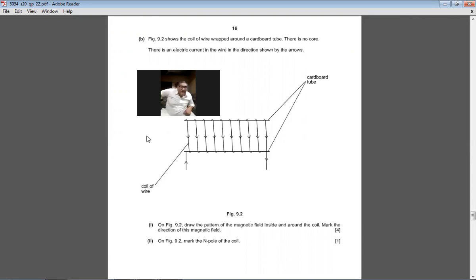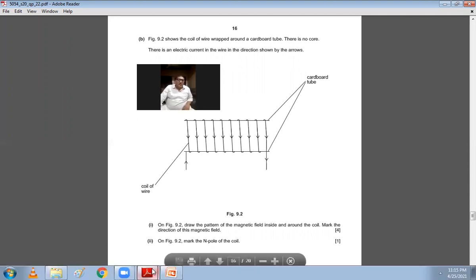On figure 9.2, draw the pattern of the magnetic field inside and around the coil. Mark the direction of this magnetic field. This is a 4-mark question, a very easy question, but it's 4 marks. You have to draw the magnetic field pattern here, and you have to mention where the north will be of this electromagnet.